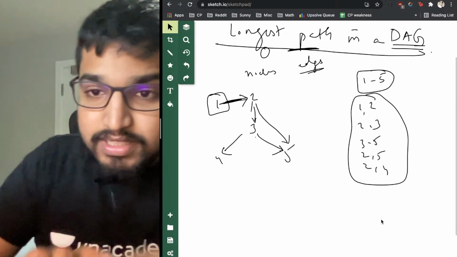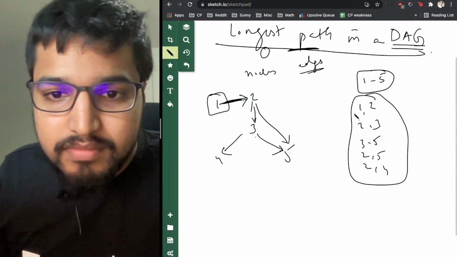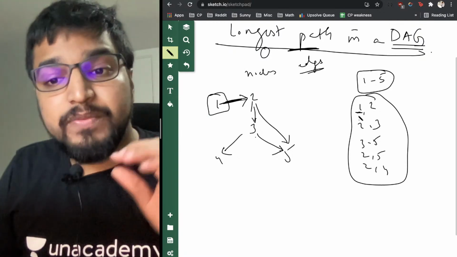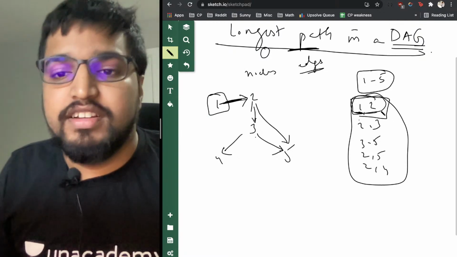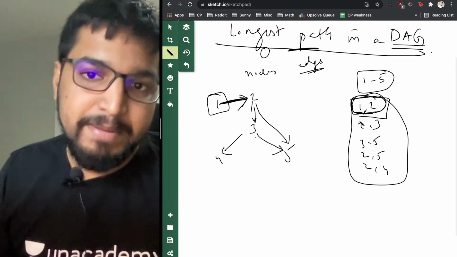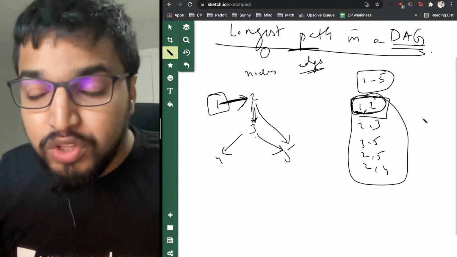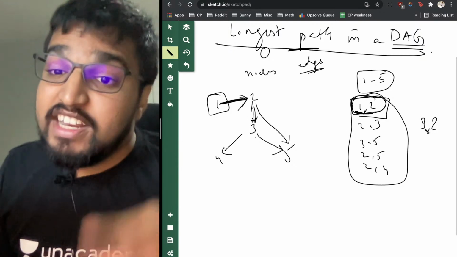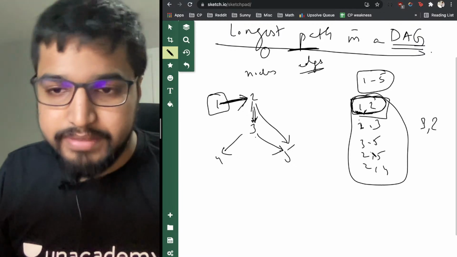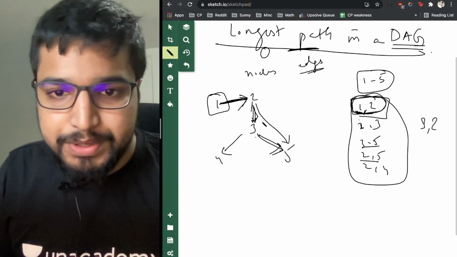That means when you're specifying the edges, the order matters here. What comes first matters. In the input, when they say 1, 2, it means 1 to 2. 2 to 3 is not the same as 3 to 2 here, whereas in the undirected case, it was the same. 3 to 5, 2 to 5.